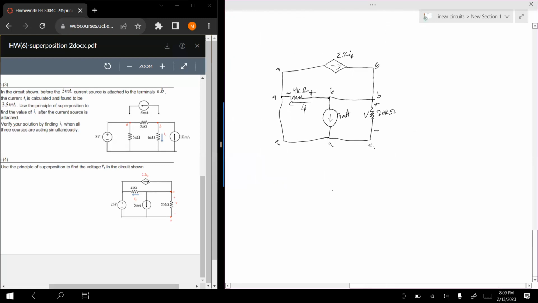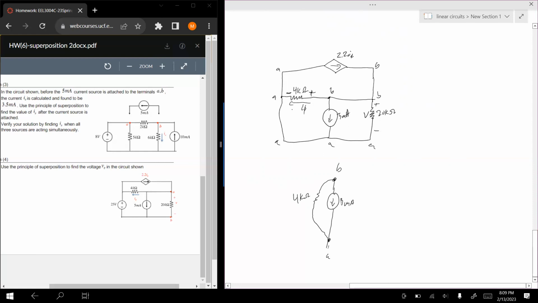Check it out. You have node B here, and then this kind of splits off. All right, so this is going to split off. Hold on. So this is going to go, this is a 5 milliamps. See us pointing away from the B. And then we're going to have a resistor. And this is all going to join up here at node A. This is the 4 kilo ohms.